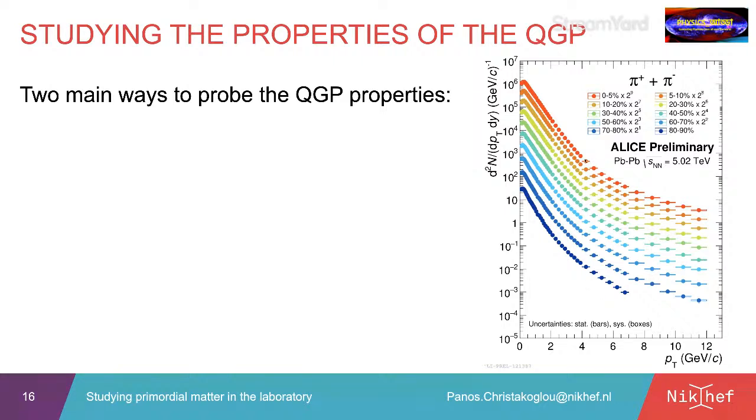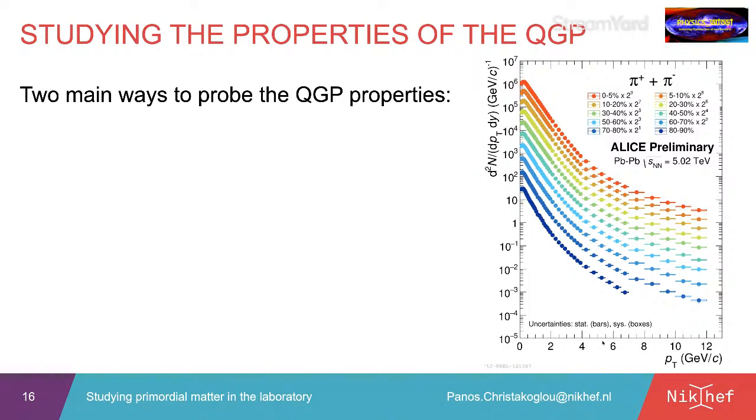So the minute you go from up to bottom, then you move from central, very small value of impact parameter, head-on collisions, to increasingly larger and larger impact parameters, so peripheral collisions, where practically the two ions graze each other. So there are two basic regions in this plot on the x-axis.